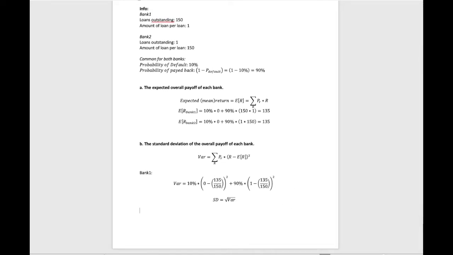Moreover, we know that the overall standard deviation, the average of the independent identical loans with risk, would be the same as the standard deviation for one loan.